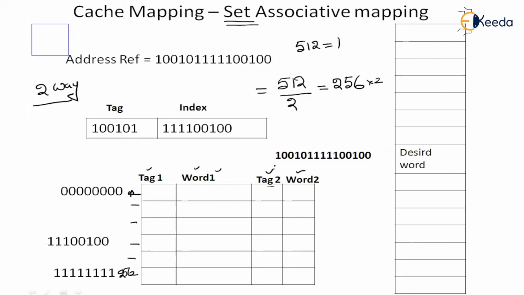Rather, the number of sets will get reduced. Earlier, 512 sets, each set of one word. Now a total of 256 sets, each set of 2 words. So the cache size is not getting doubled, only the number of sets is reduced, each set being of 2 words.